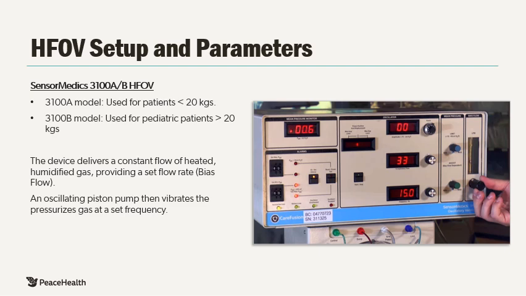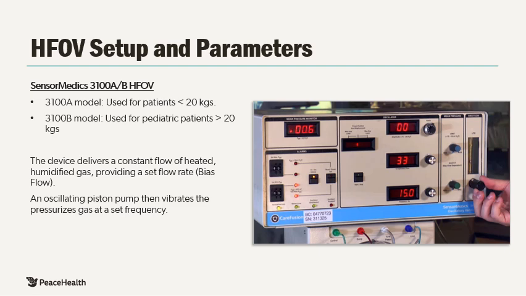Here at Peace Health, we use the SensorMedics 3100A high-frequency oscillatory ventilator in the NICU. There are two models, an A model and a B model, primarily in use. The A model is typically used for patients under 30 kilograms, whereas the B model is used in patients over 20 kilograms.